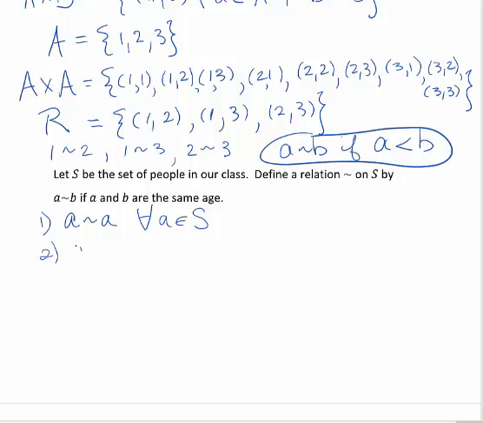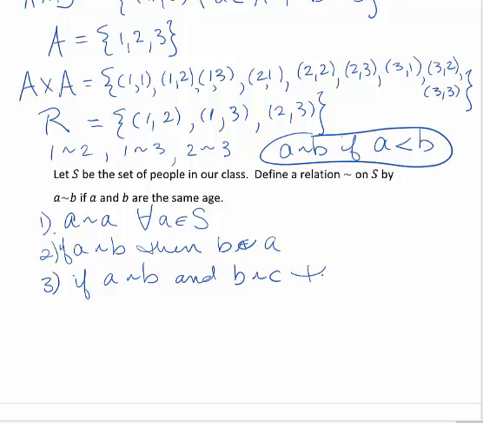Second, if a is related to b, then b is related to a. If one person is the same age as another, then certainly you could reverse that statement. Third, if a is related to b and b is related to c, then a is related to c.